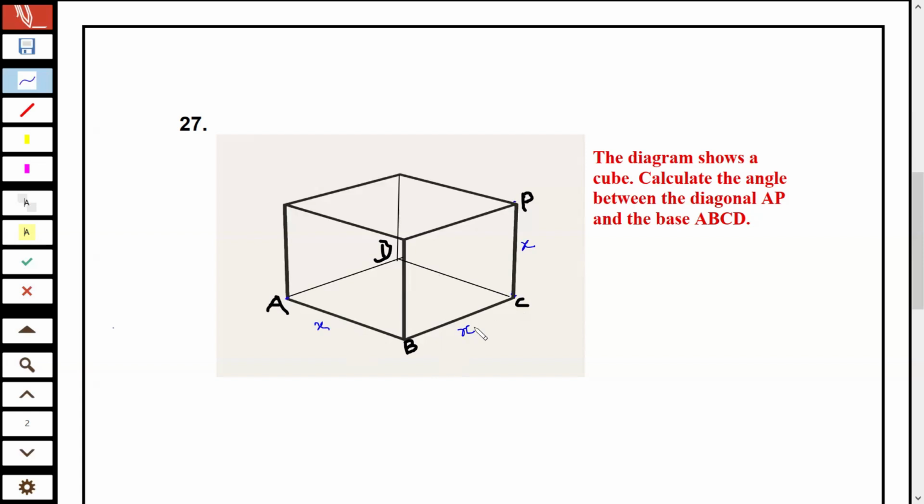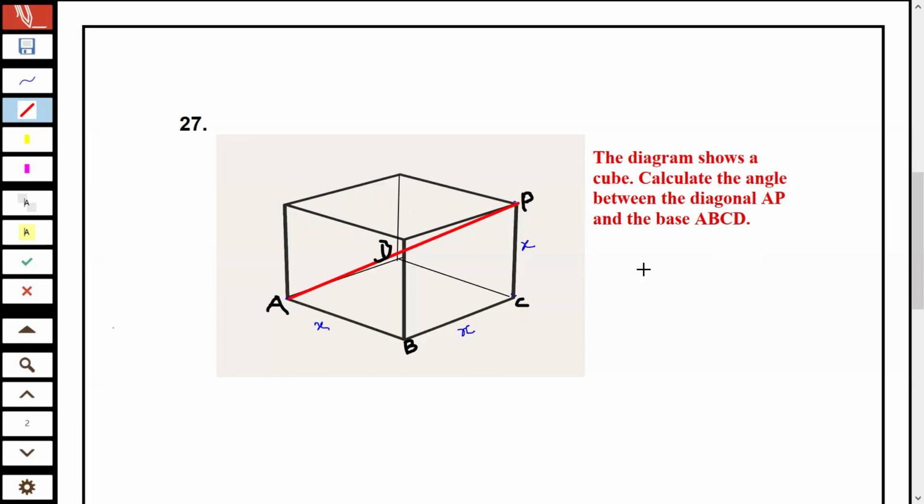Going back to the question, it says calculate the angle between the diagonal AP and the base ABCD. I'm going to join point A to P, this is line AP.